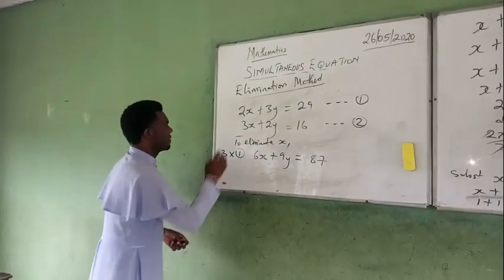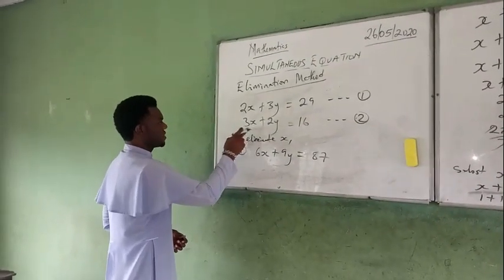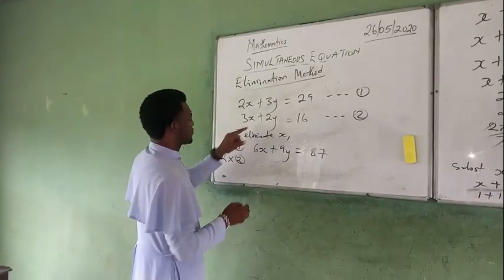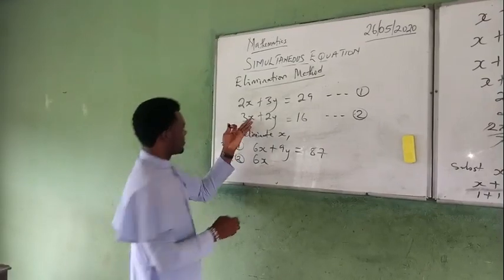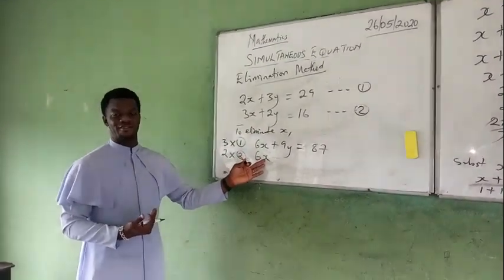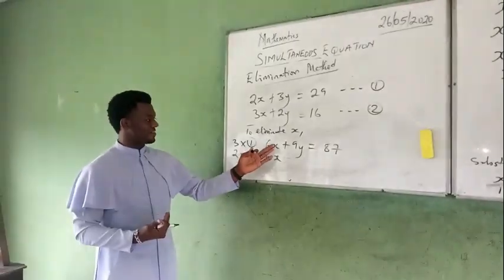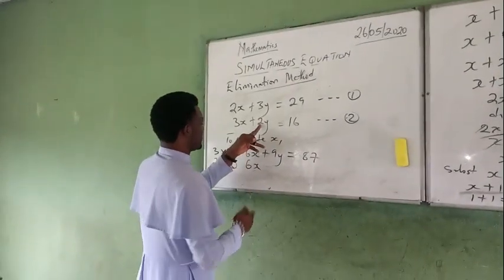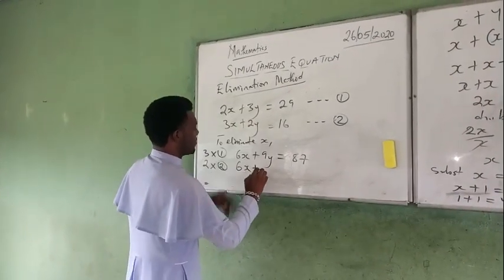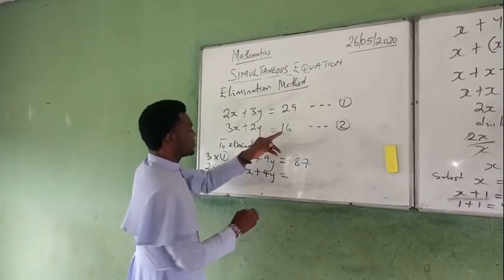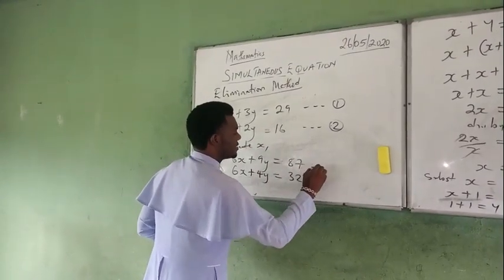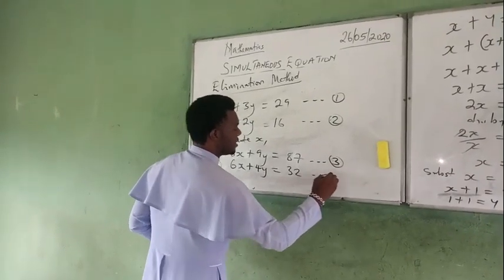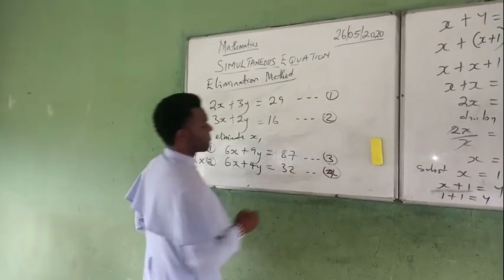Now in the second equation, we say 2 times equation 2. 2 times 3x, we have 6x. Now, you see, our target is reached. We have 6x here, 6x here. That is our target. Now, 2 times 2y, we have 4y. It's equal to 2 times 16, we have 32. This you call equation 3, and this you call equation 4.